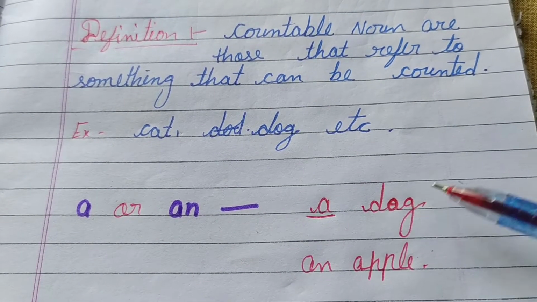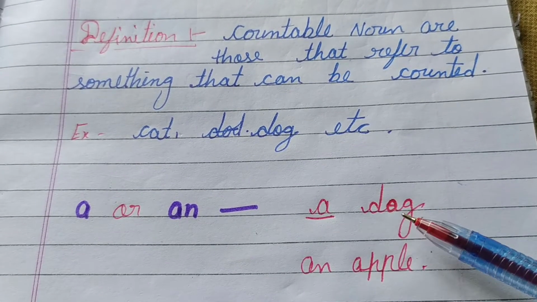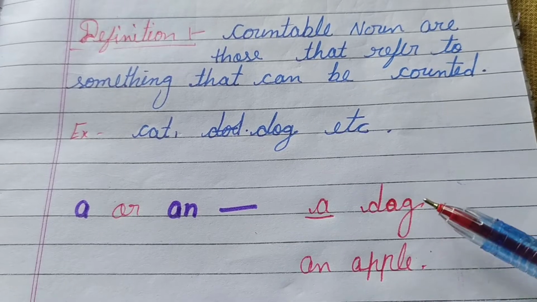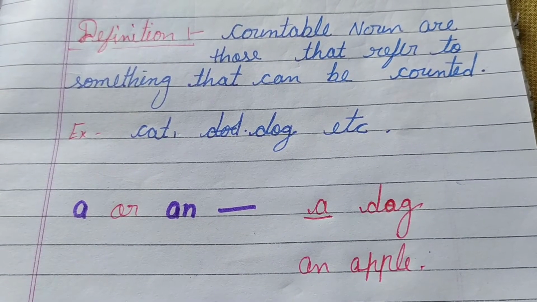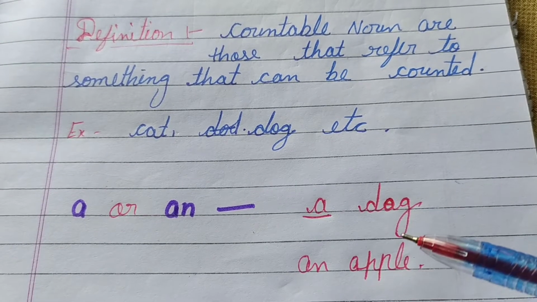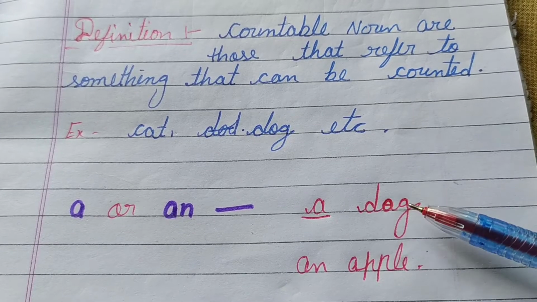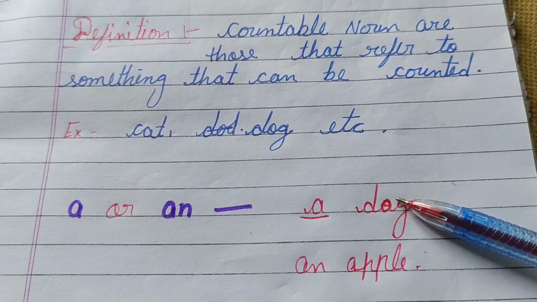So for example, I have a dog, I have a cat, I have a computer, I have a lamp, I have a chair. Now you can write 5 examples like this. Okay, so I'm putting a in front of these.